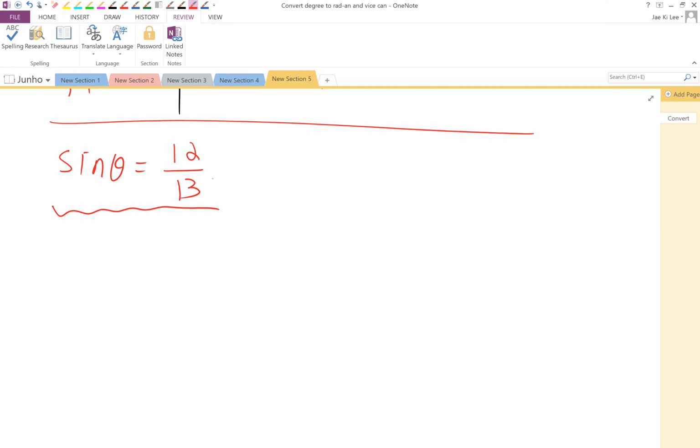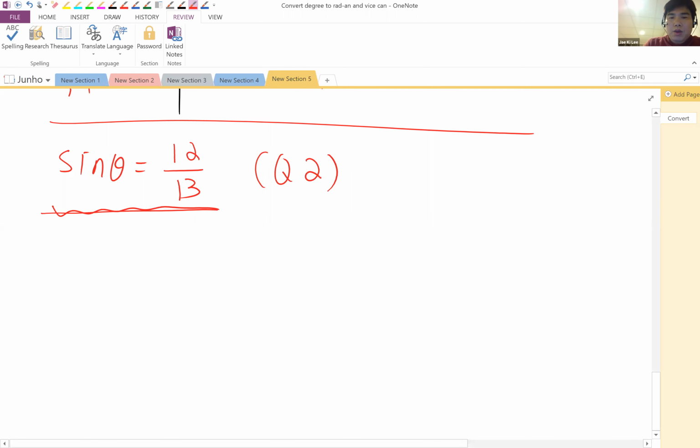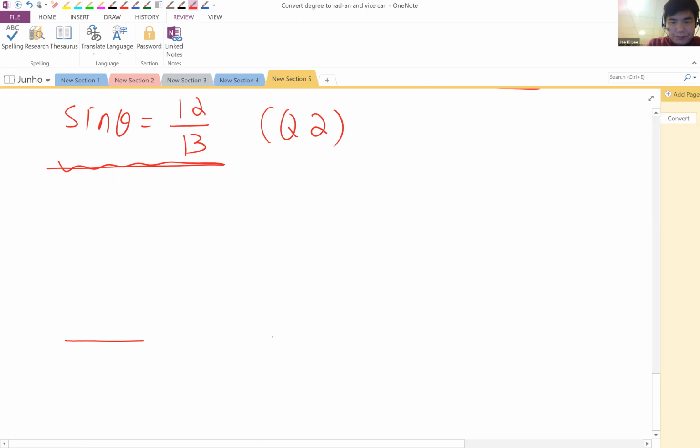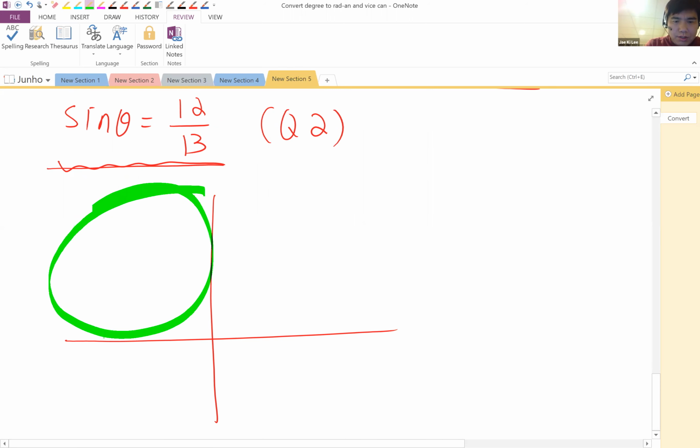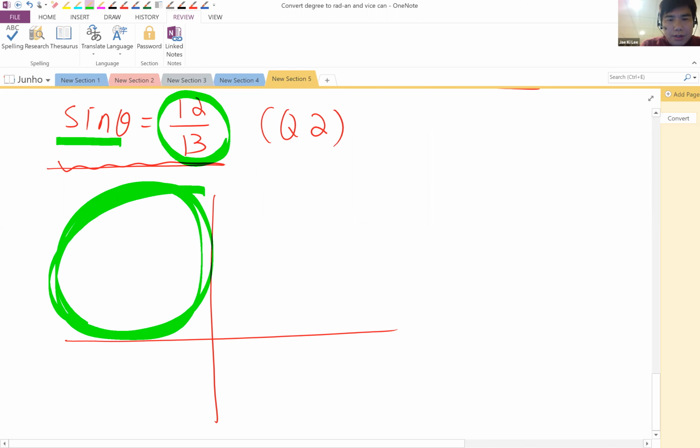Now sine theta equal to 12 over 13, and we determine the quadrant is the second one. Which means this quadrant here.